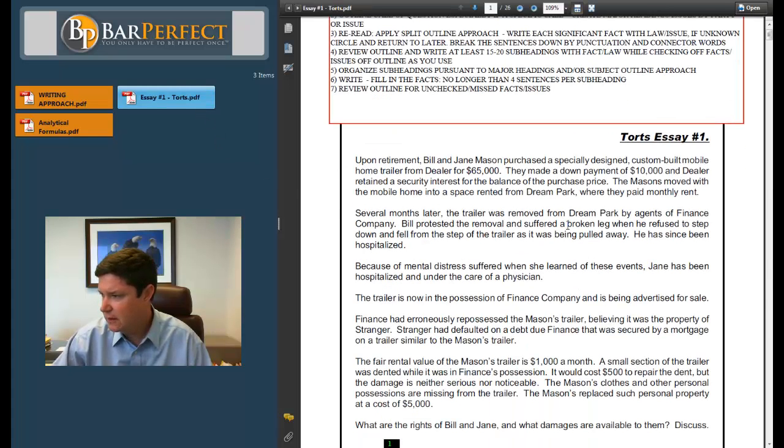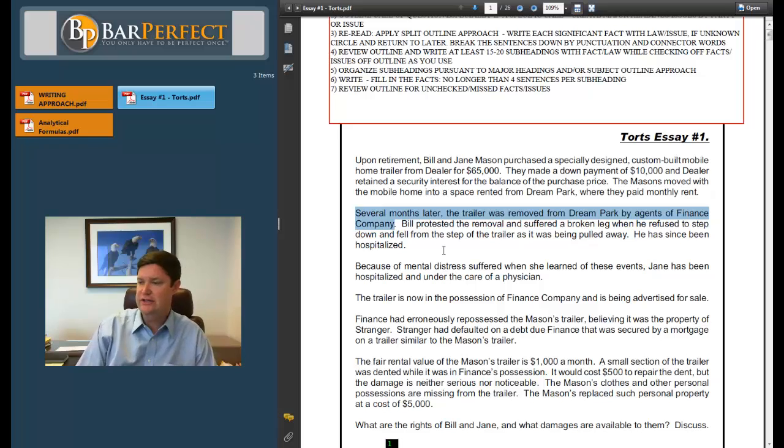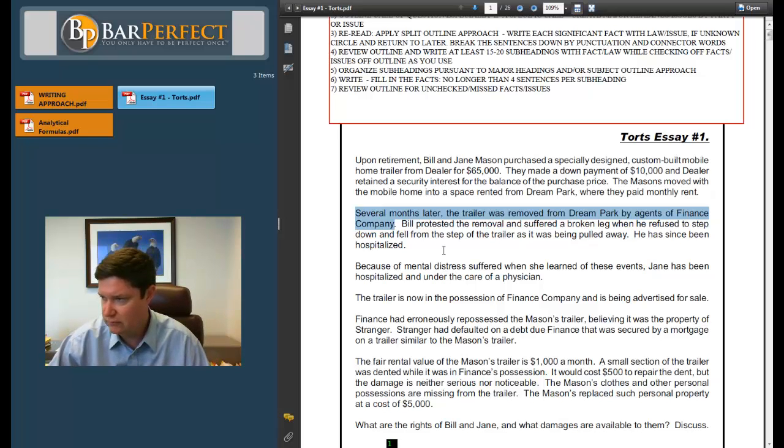Let's deal with a real simple issue. The trailer was removed by Dream Park, agents of the finance company. Finance is liable for the actions of Dream Park, since they are the agents. Now let me back up.